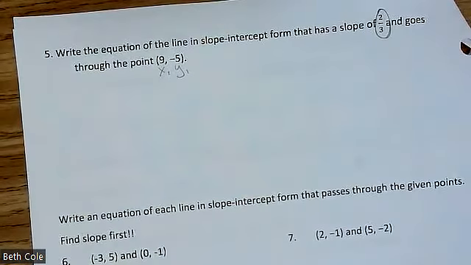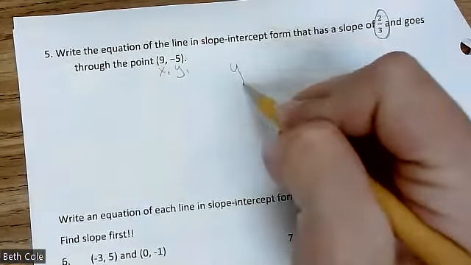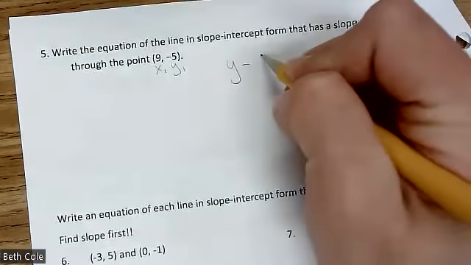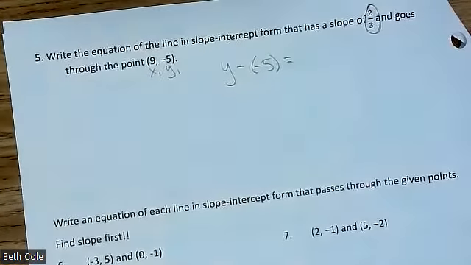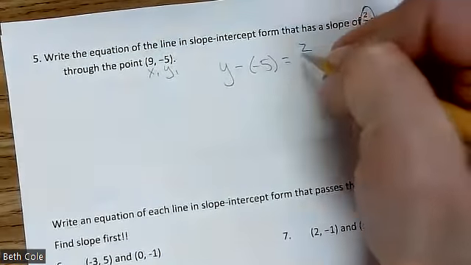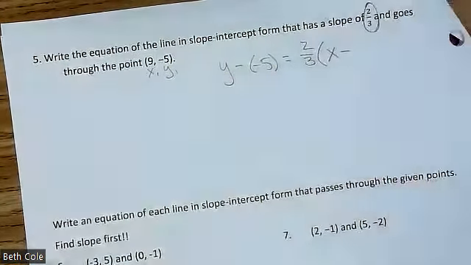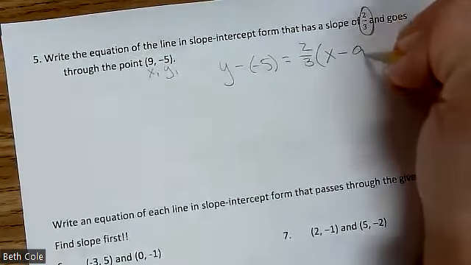You only have 1 point instead of 2, so they're both ones. All right, and some of you were saying the equation already. It'll be y minus, and then what's our y1 number? Negative 5, perfect. Equals 2/3, which is our slope. Good. You have all the ingredients, you're just putting them in the right place. Parenthesis, x minus 9. Good.